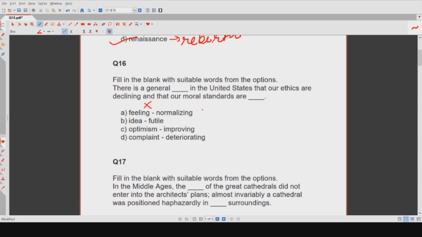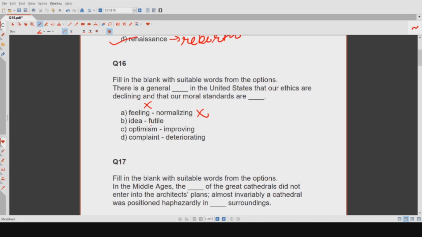So directly this option will get eliminated. We don't have to waste time in the exam of putting both the options and checking if one is correct and other is wrong. No, if one of the option given in the first blank is wrong, then the other blank will also not be the correct answer. So don't waste time on that.